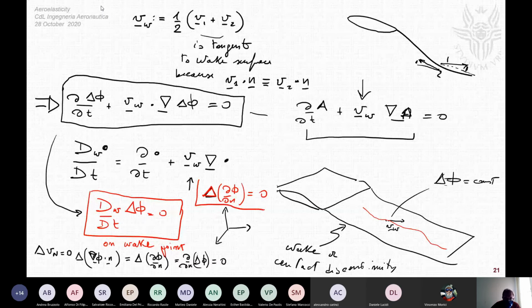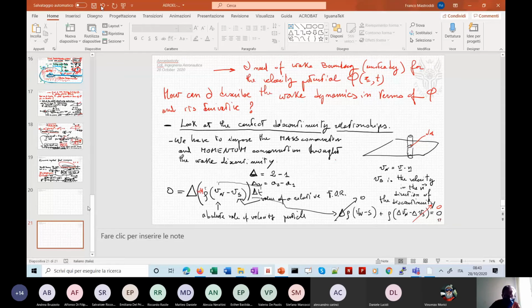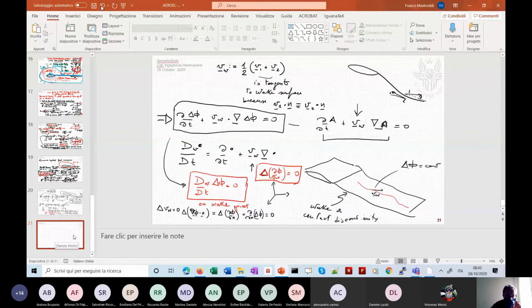So we have finished. We have our boundary condition on the wake, and then we can recap together our differential problem to be solved.